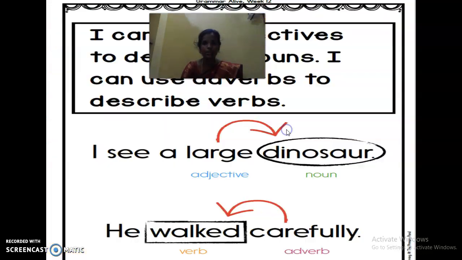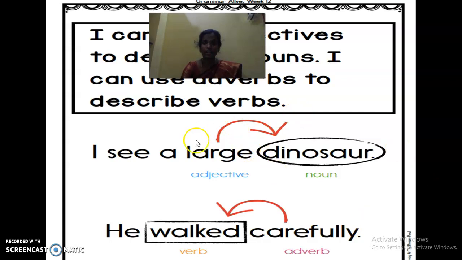The next one: adjectives describe the noun and adverbs describe the verb. Here are two more examples. I see a large dinosaur. How is the dinosaur? It is a large dinosaur.